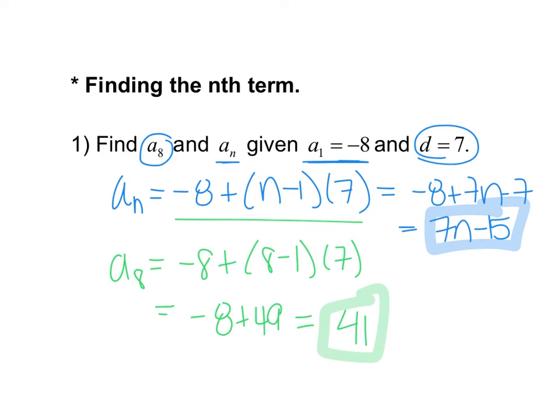Okay. Just little things here. Make sure that you guys follow the order of operations when doing this. So, do the parentheses first, and then multiply, and then add that very first term. All right, let's go to the next page.